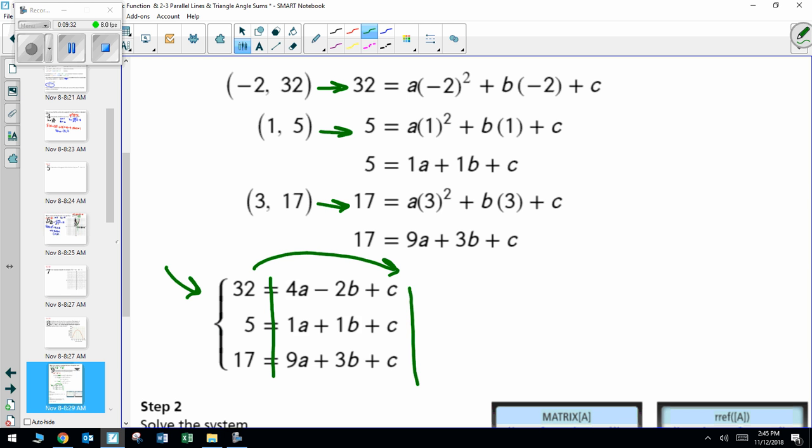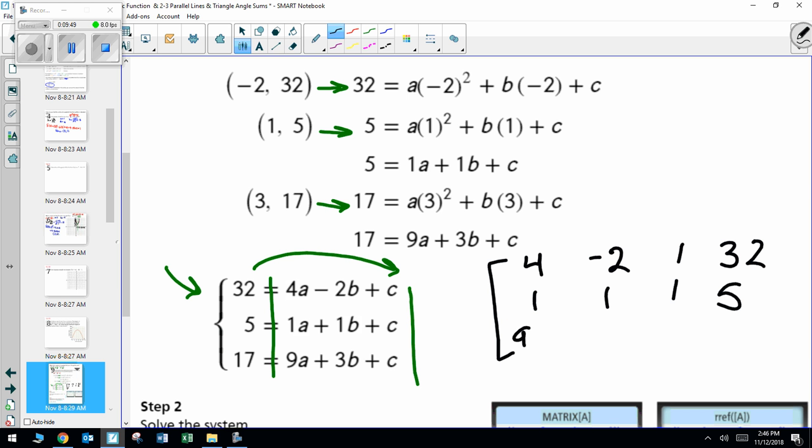So this matrix would look like 4, -2, 1, 32, 1, 1, 1, 5, and 9, 3, 1, 17.